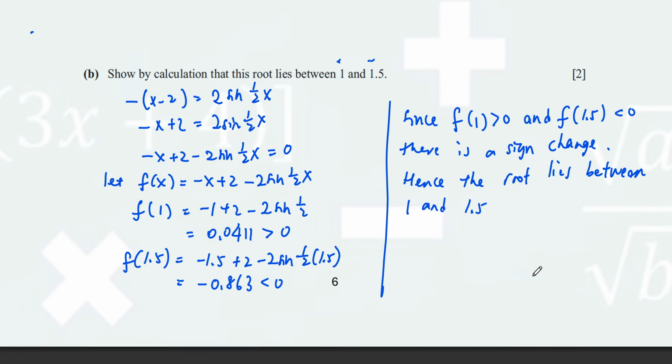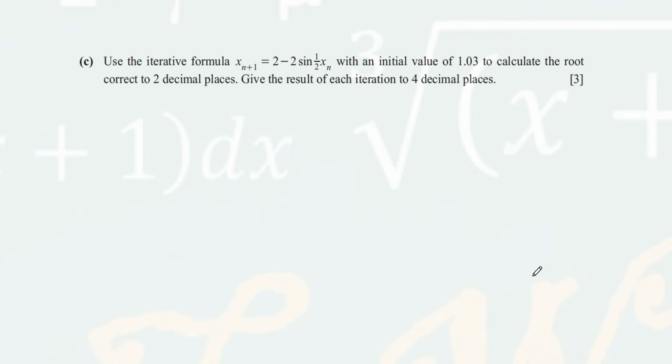Part C: use the formula with an initial value of 1.03 to calculate the root correct to 2 decimal places and give the results of each iteration to 4 decimal places. So the formula is given, and the initial value is given, so let it be x0.